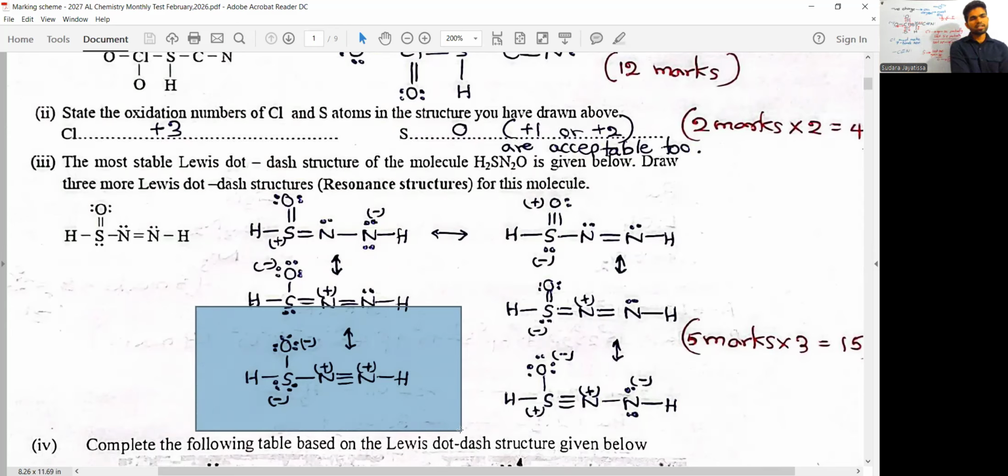Understood? Because resonance structures are the alternative structures you can draw for a given molecule, the given molecule's properties must be preserved. So electrical neutrality is a property that the original structure has, and that property must be kept without changing.